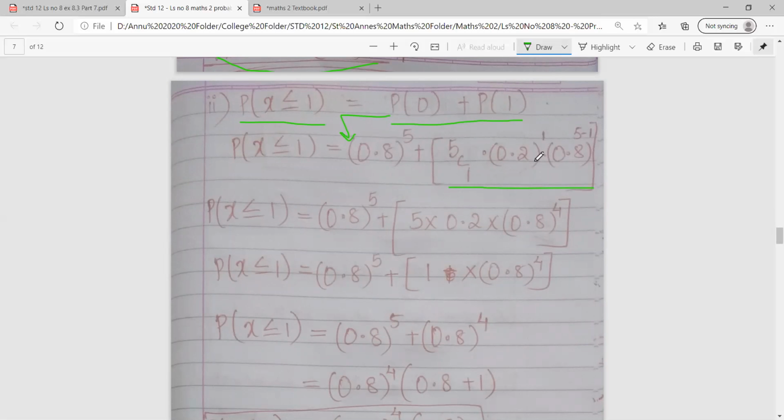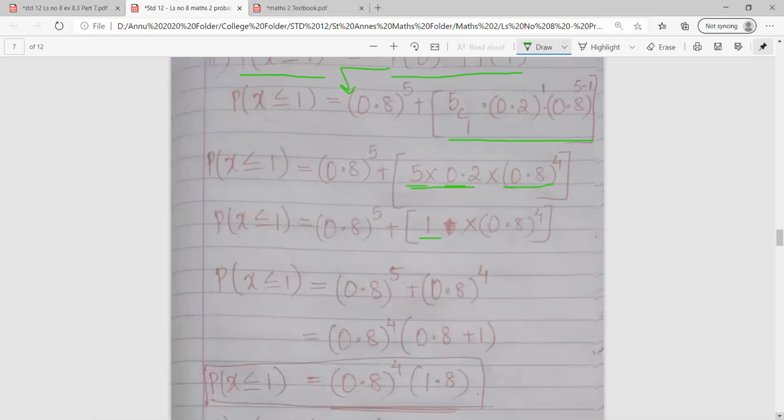So 5C1 into 0.2 raised to 1 into 0.8 raised to 5 minus 1. So which gives you 5C1 as 5, 0.2 into 0.8 raised to 4. Again the same pattern. We'll multiply 5 into 0.2 which gives you 1.